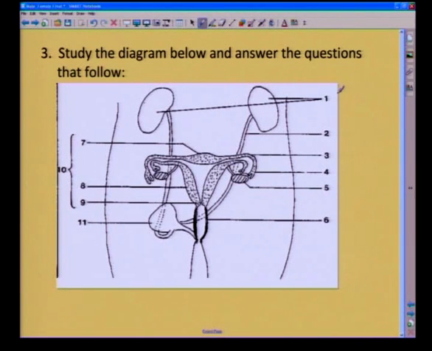So let's label. That would be the kidneys. And it's both kidneys, so don't just write kidney, it's the kidneys. Then 2 is the ureter, and it's not ureters because it's not pointing to both, only to one. So it's the ureter. Then number 3, those are our fallopian tubes.